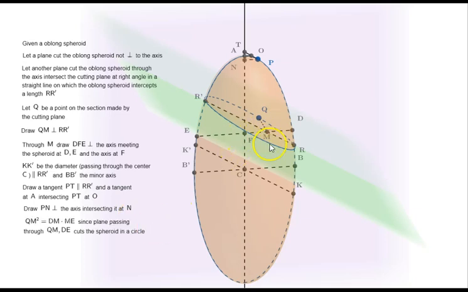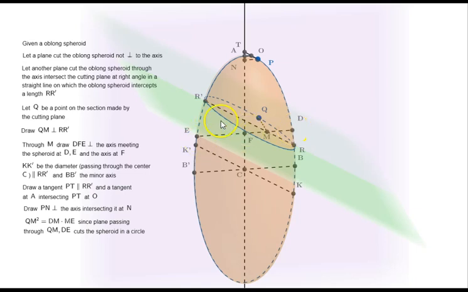Again, as usual, QM square is equal to DM times ME. How? Because again, if you remember, if we draw a plane through DE and QM, the intersection of that plane with the spheroid will be a circle.